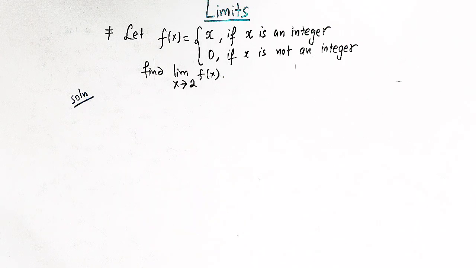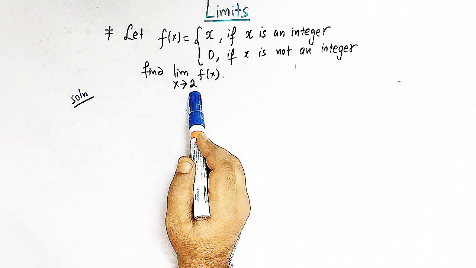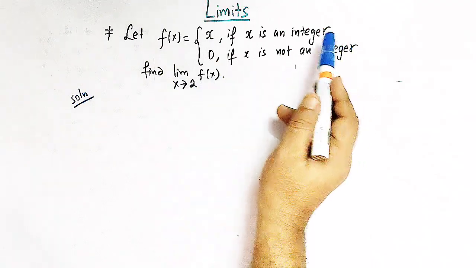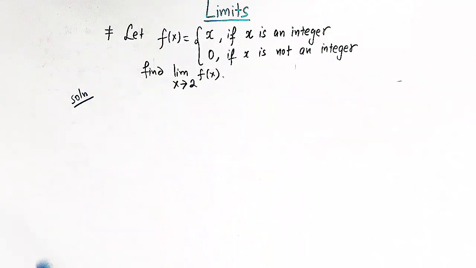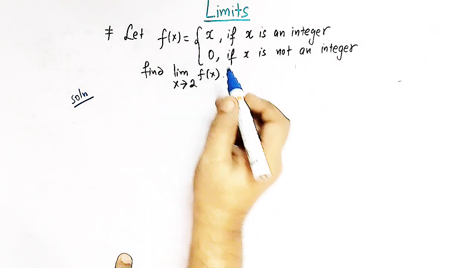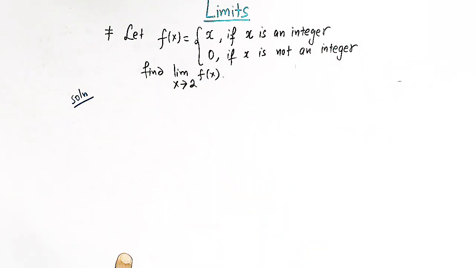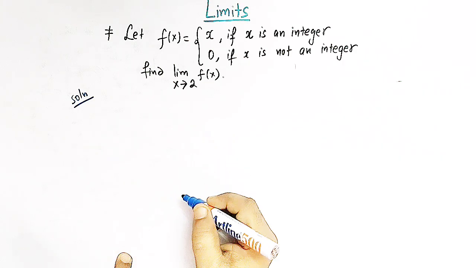So before finding out the limit x tends to 2 f of x, let us first understand this function. Now see here, this function f of x is defined as a piecewise function.